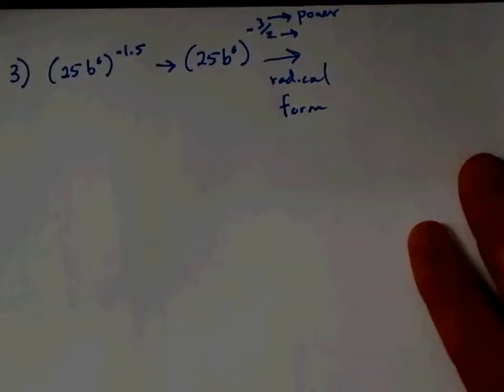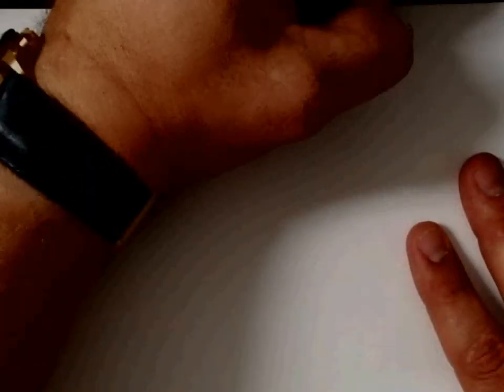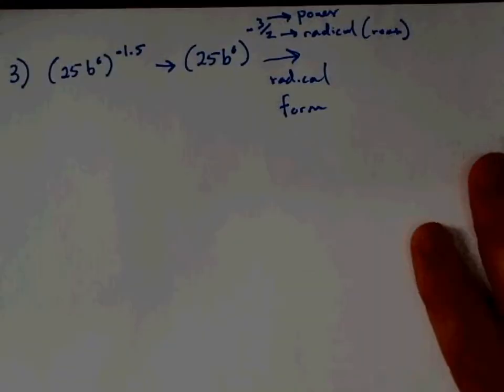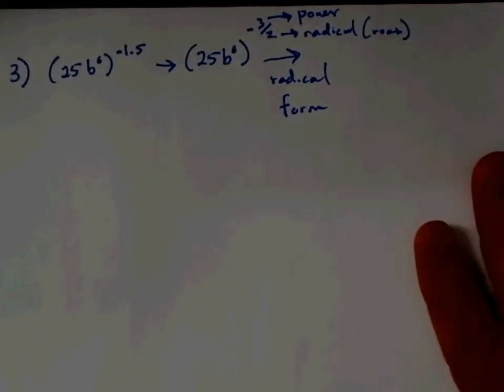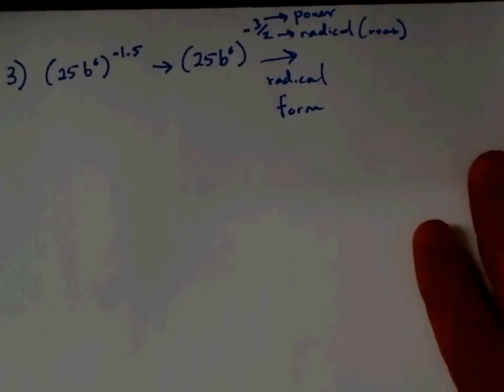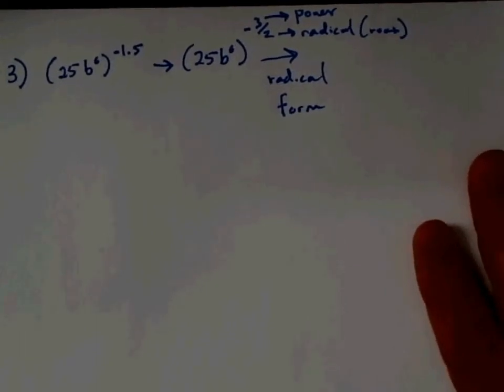The power. The bottom number represents the radical, or sometimes we refer to it as the root. So what radical is this going to be? It's going to be square root, right? Raised to what power? The 3.